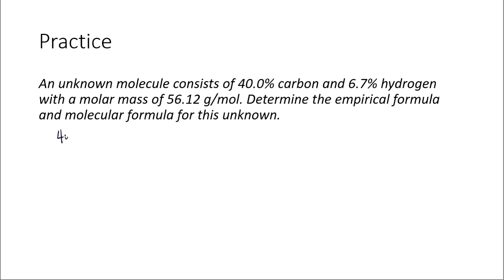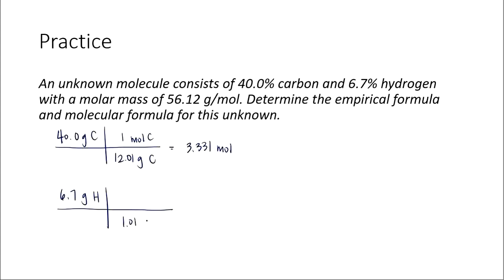So we have 40.0 grams of carbon, and I'm going to go ahead and convert that to moles right now. So 12.01 grams on the bottom, 1 mole on top. That is equal to 3.331 moles of carbon. Let's do the same thing with hydrogen, 6.7 grams of hydrogen.